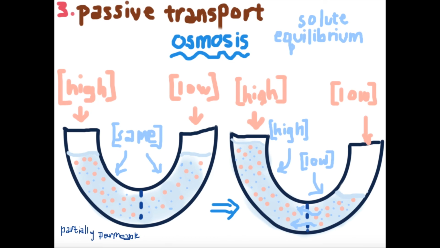Therefore, the concentration on both sides is actually the same, because there's the same ratio of solute to water molecules throughout the vessel. And so what we've reached is something called solute equilibrium, and that is the end goal of osmosis.